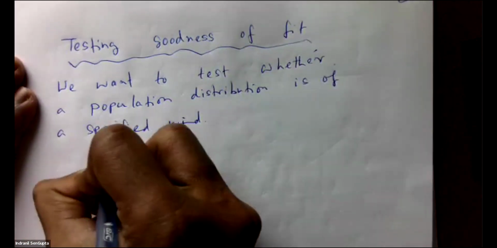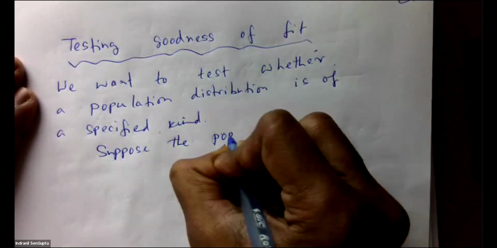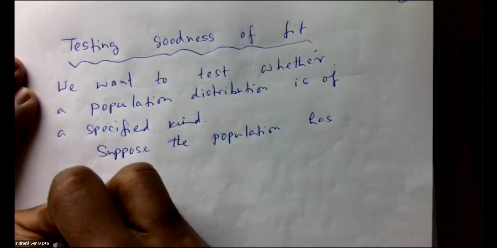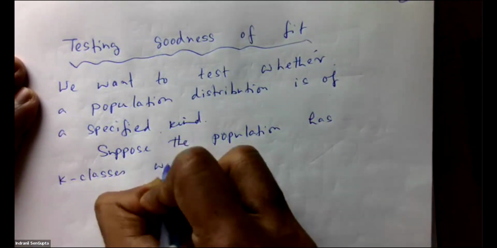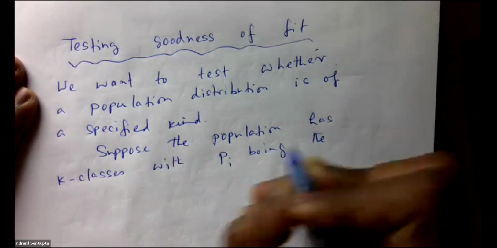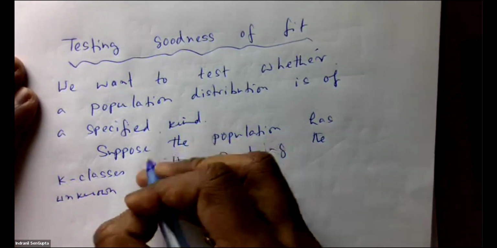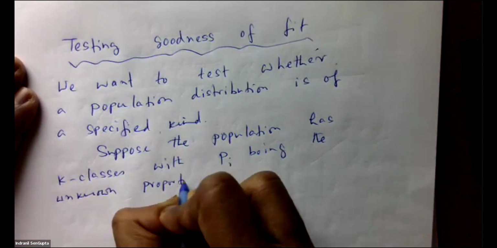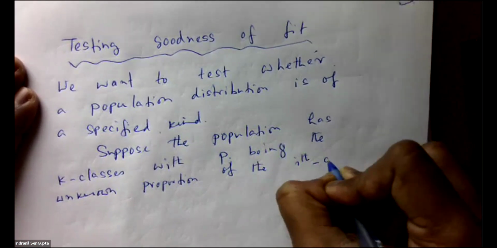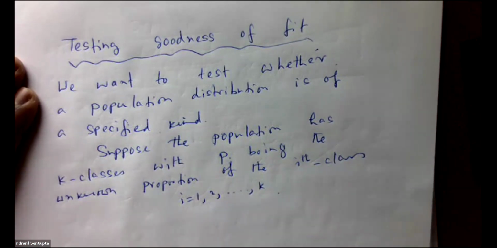Suppose that the population has k classes, with p sub i being the unknown proportion of the ith class, so i is 1, 2, up to k.